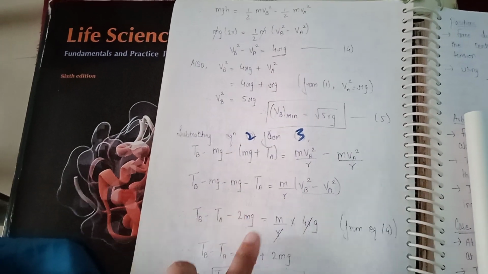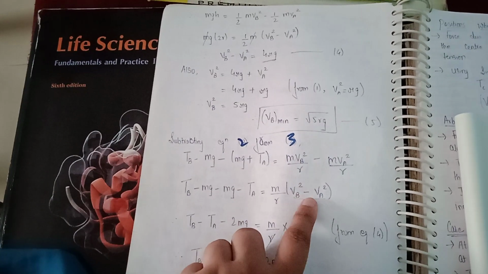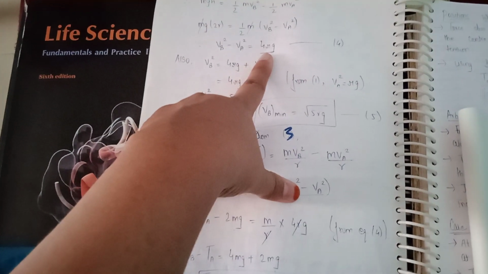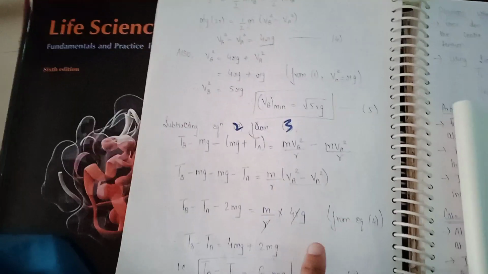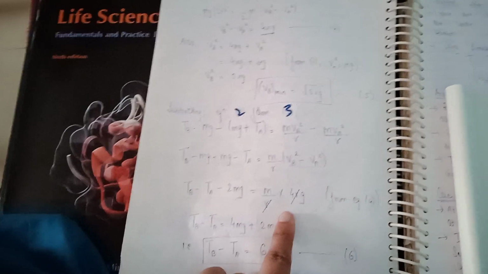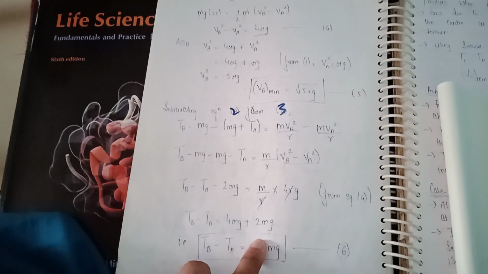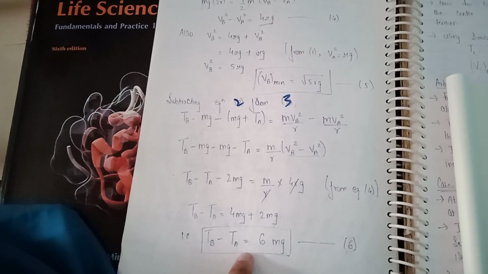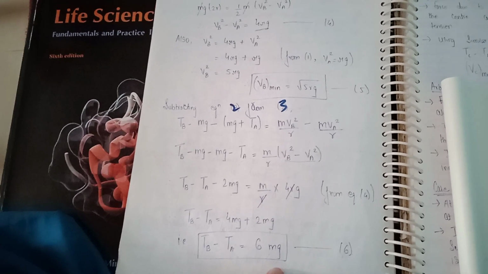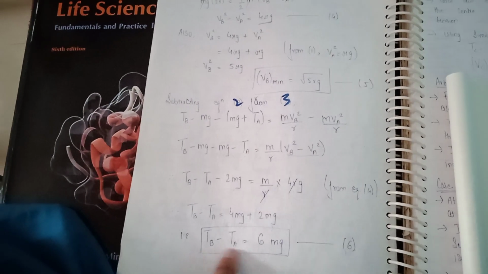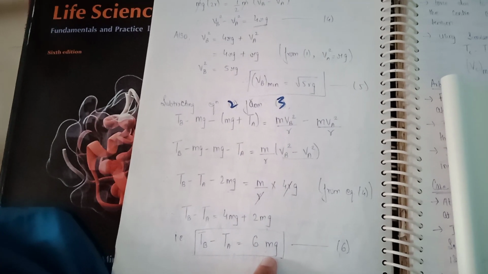This minus minus, minus 2mg. vb square minus va square you got at equation 4 as 4rg. So this will go here, it will be addition, then Tb minus Ta is equal to 6 mg. You got the difference between both the tensions as 6 mg.